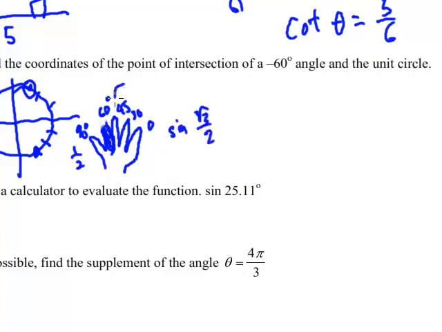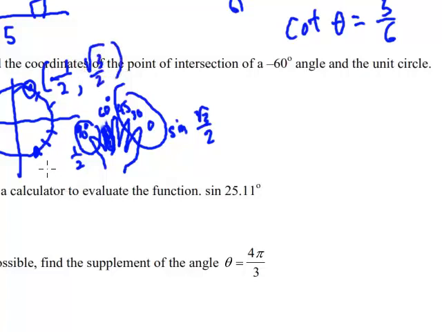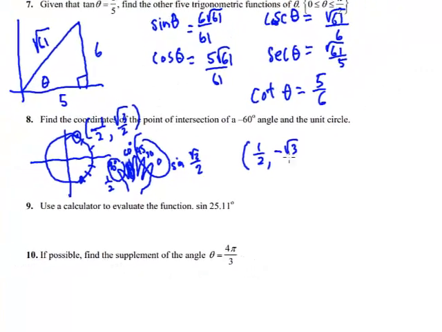I have 3 fingers on this side and only 1 on this side. And so that means my ordered pair up here is positive 1/2 comma rad 3/2. Moving that down here, that means that the x coordinate is still positive, but the y coordinate has to be negative.